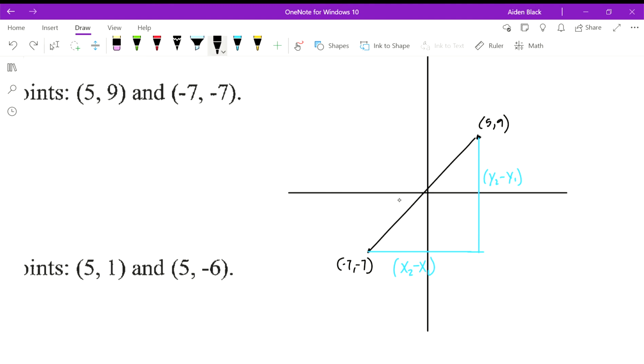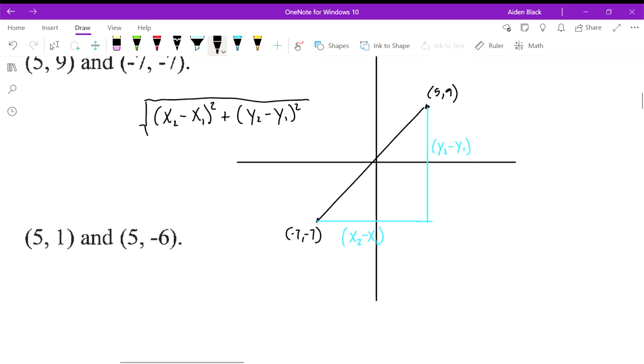So the distance formula is your x2 minus x1 squared, and then you add your y2 minus your y1 squared. So let's use this one as x1, y1, and this one as x2, y2, and plug it in.